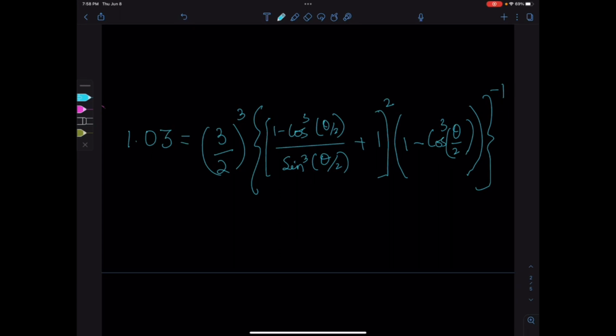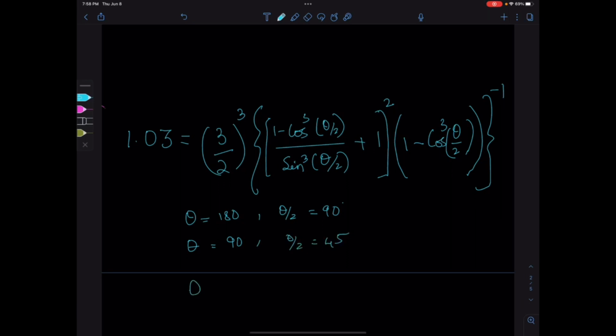So substituting Vc over Va, the ratio of the specific volumes in this equation, plugging in theta equals 180, then theta by 2 is 90 degrees, and plugging in various values of theta, like theta is equal to 90, then theta by 2 is equal to 45.